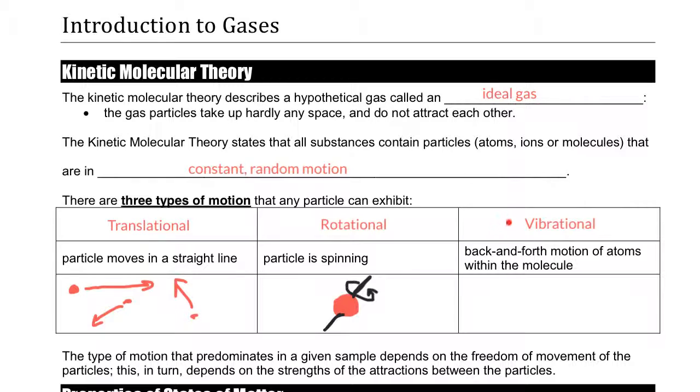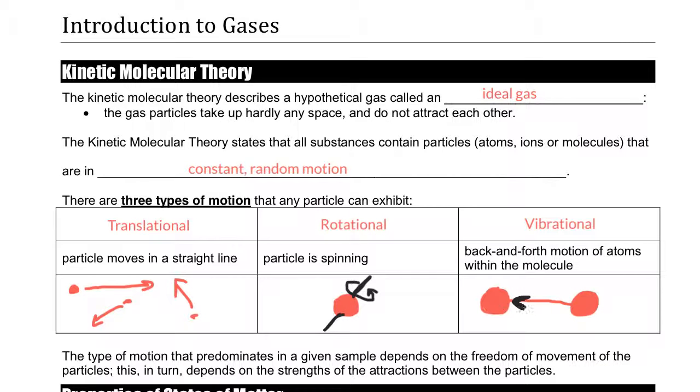And when we talk about vibrational motion, think about the bonds within a molecule. So there's a back and forth motion of the atoms within a molecule. Let's say this is my molecule. I've got 2 atoms bonded together. Those atoms within the molecule can undergo vibration.